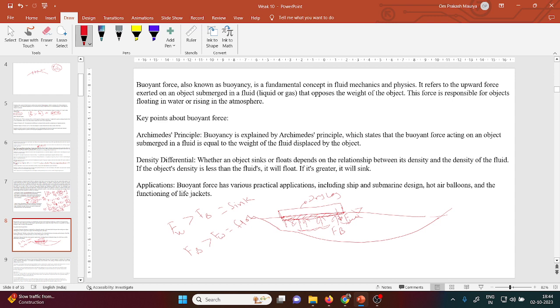I think it is clear, and it is useful. I have also given the applications, where we use it in ship and submarine design, hot air balloons and so on.